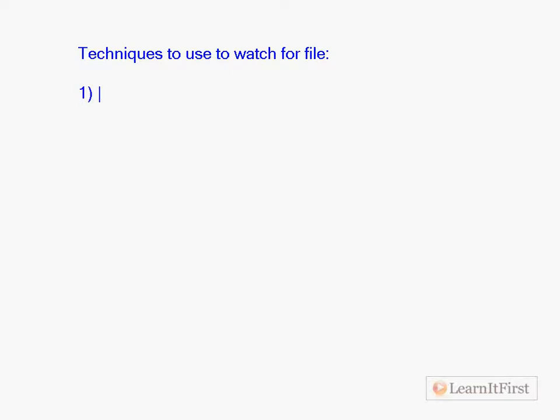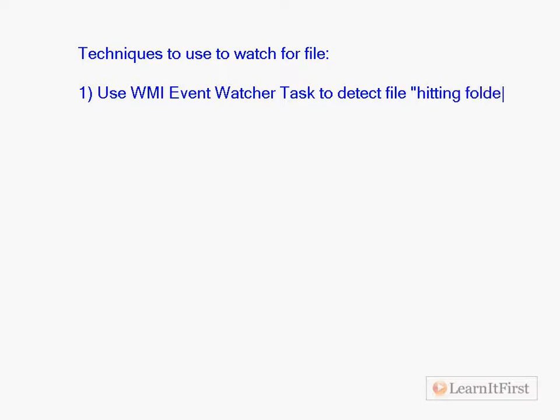One technique would be to use the WMI event watcher task, and you would write WQL, Windows Query Language, to detect a file hitting a folder, meaning that it was created inside the folder. Another technique would be to use the for each loop and match on the file name.